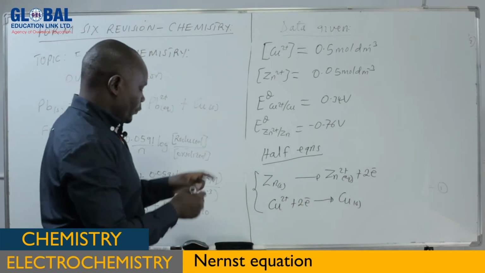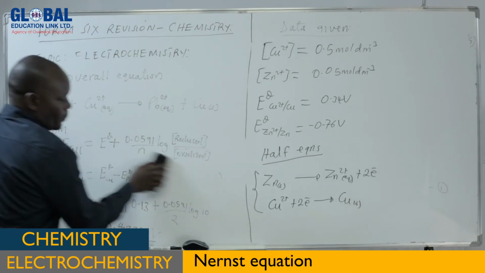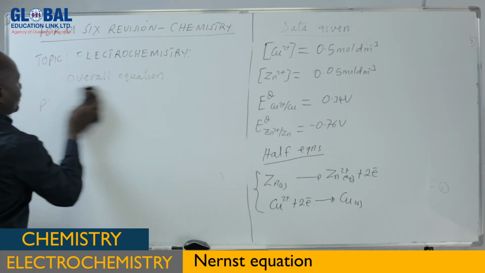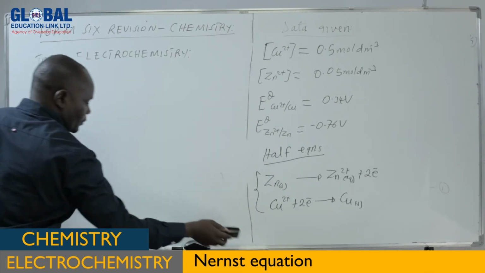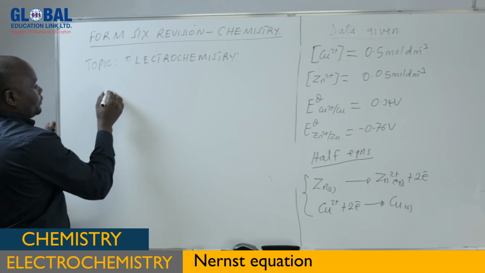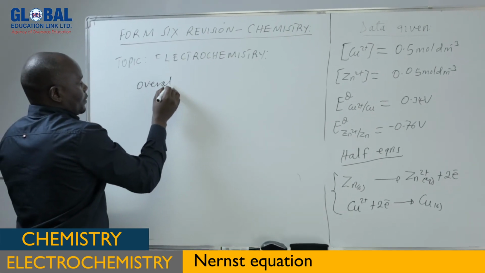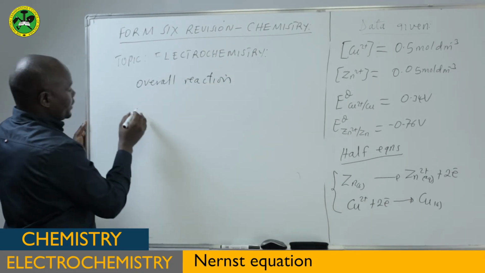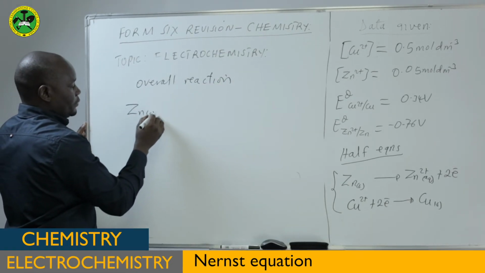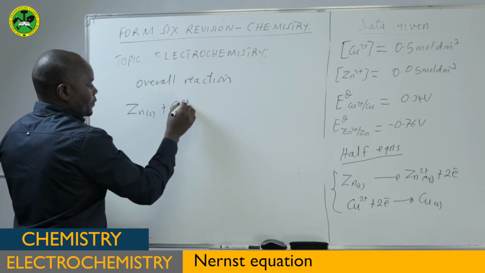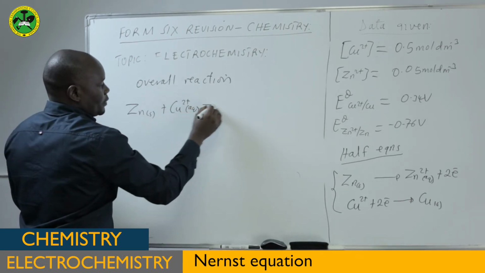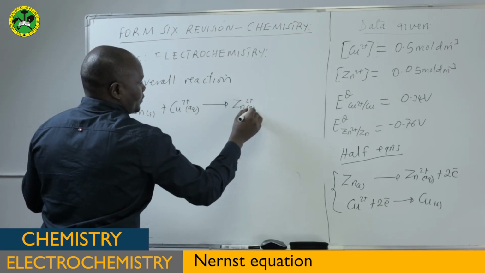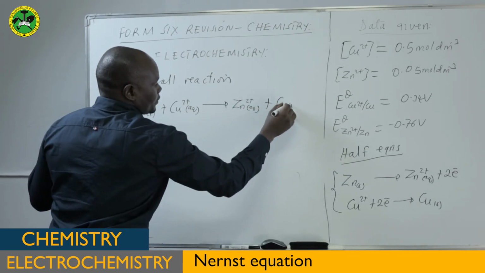So from there, if you add and find the overall redox reaction, the overall reaction will be zinc solid plus copper 2+ ions, then you get zinc 2+ ions plus copper solid.